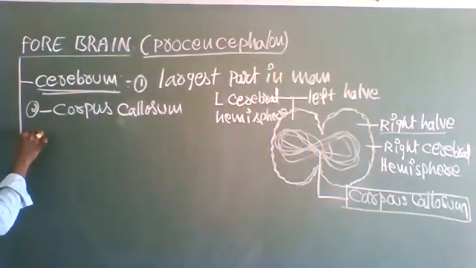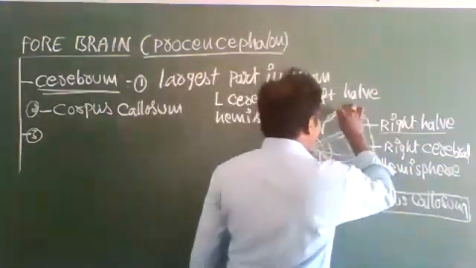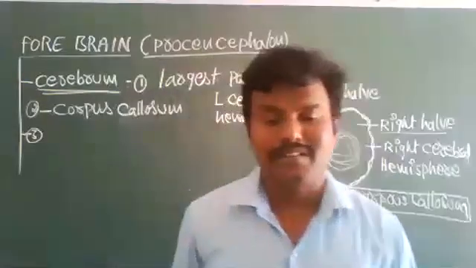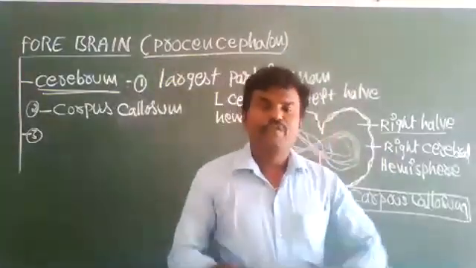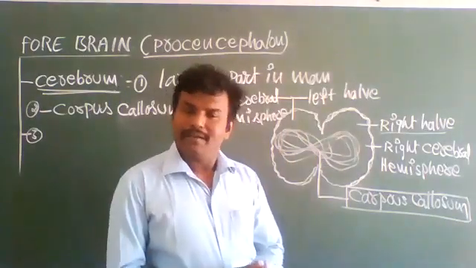Next one is each cerebral hemisphere. See, this is the right cerebral hemisphere. Each cerebral hemisphere is divided into 4 lobes.